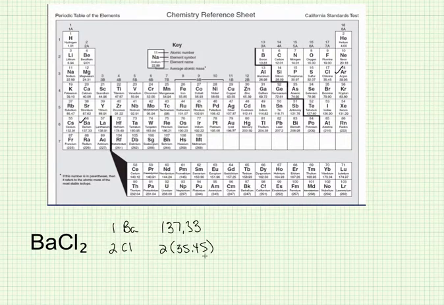So I'm going to multiply the 35.45, and I'm going to add these 2 terms together. And when I add the 2 terms together, I get 208.23. And when you're doing your molar masses, remember to go to 1/100 of a gram. If I measured out 1 mole of barium chloride, it would have a mass of 208.23 grams.